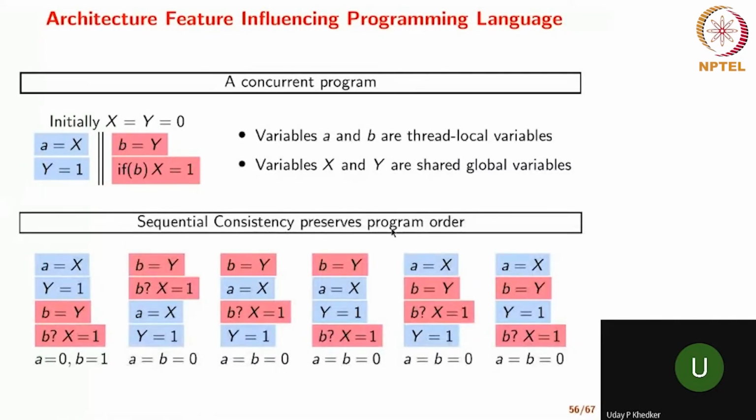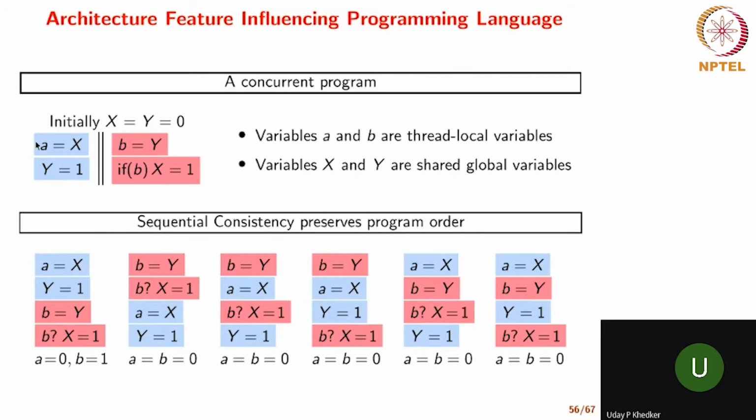I think the story here is the following. Sequential consistency says that because there are threads running, I do not know the dependence across the threads. So you have 1, 2, 3, 4, 5, 6: there are 6 interleavings that I have listed here. The underlying property of each of these is that the sequentiality of statements within a thread is preserved.